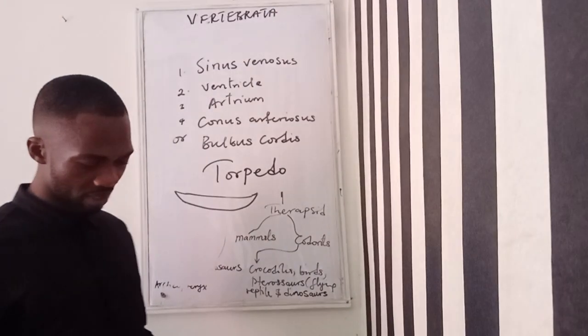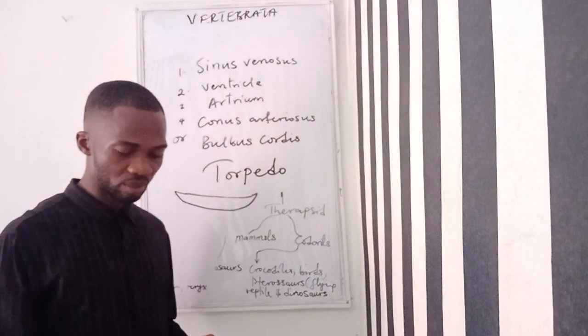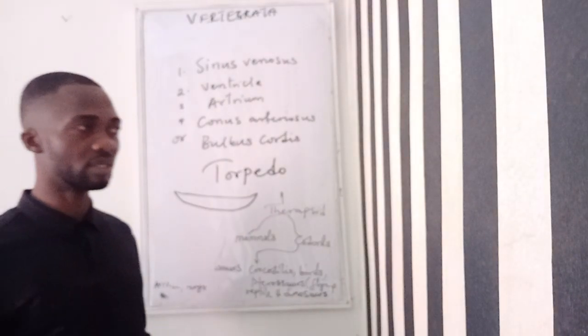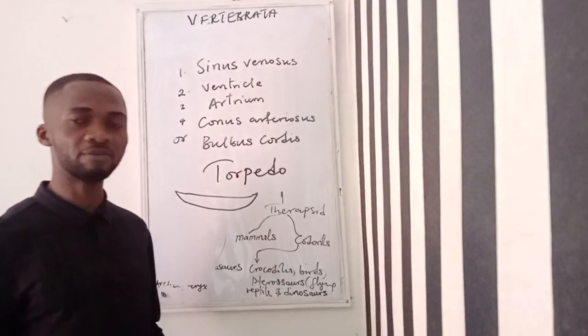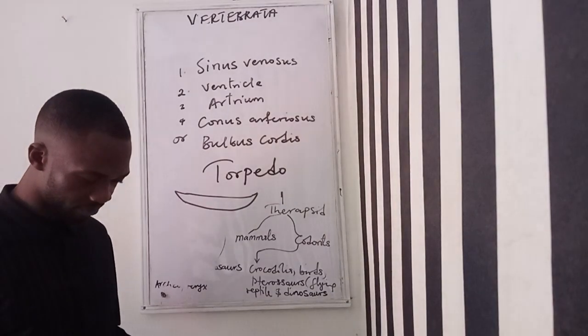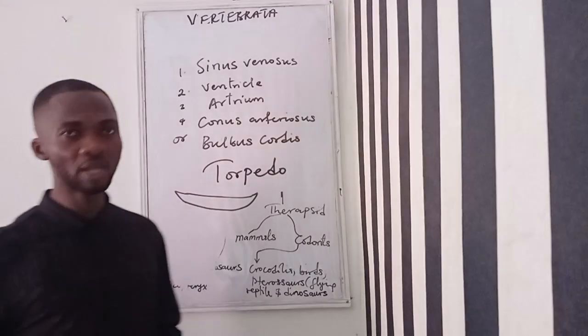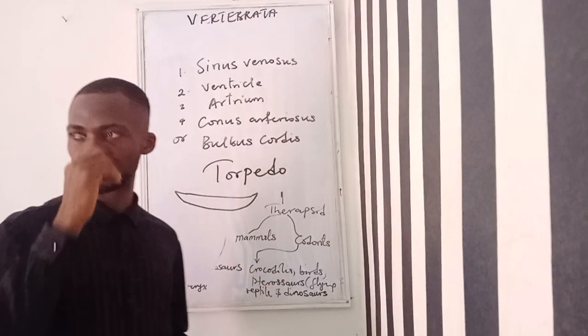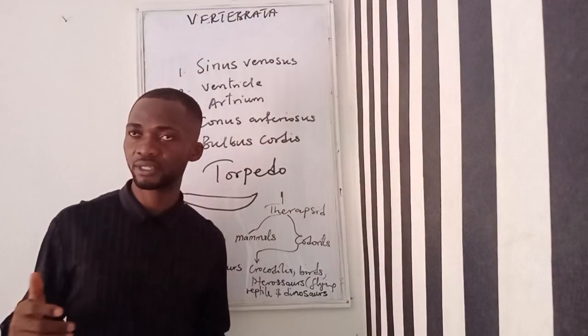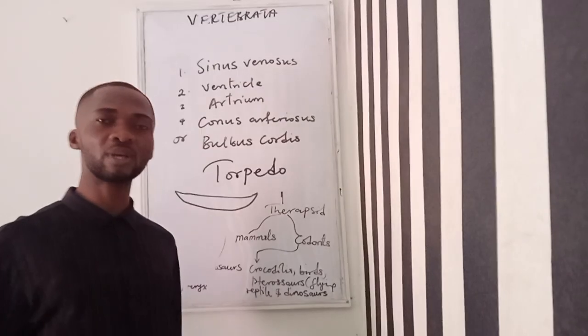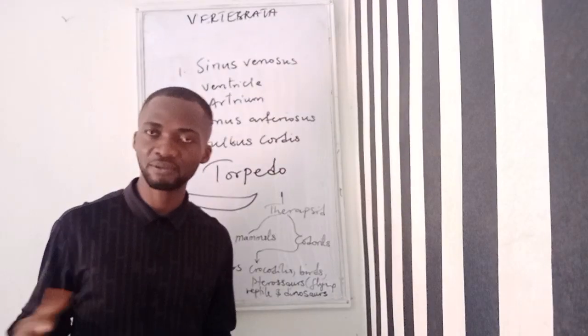Then the kidney is mesonephros. We have pronephros kidney and mesonephros kidney. The type you see in amphibians is mesonephros. The lateral line is also present. Of course, amphibians transition from aquatic life into a life on land.